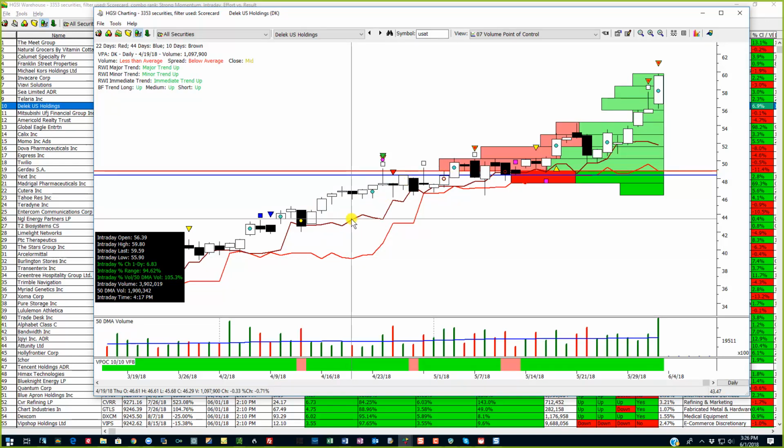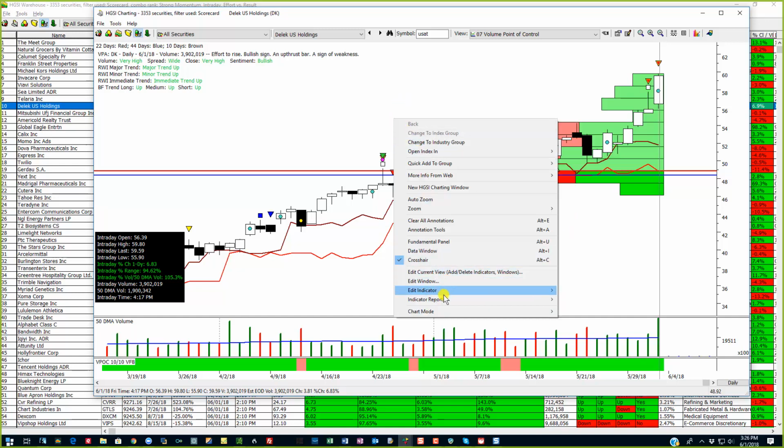Now this is the 10 period volume point of control compared to the 22 period volume point of control. Now this horizontal line represents where the 22 period volume point of control is today, but it was down here and it moved up as the stock moved up. Now let me clear that out of there so this doesn't get too confusing, but that's the way it works.